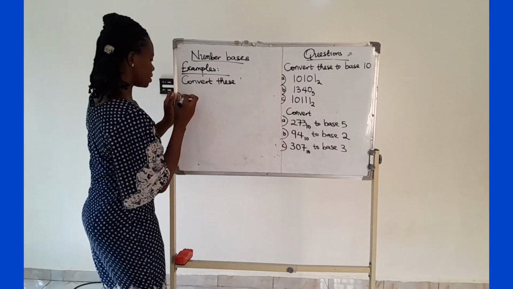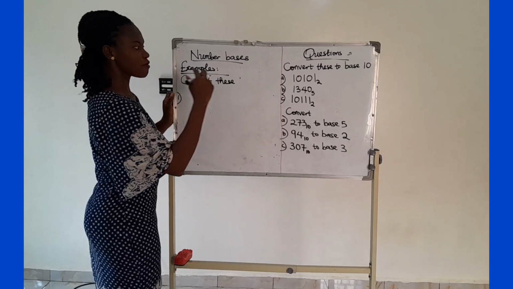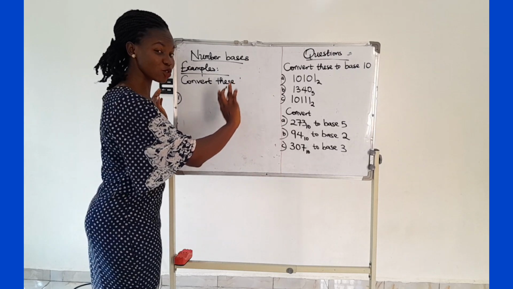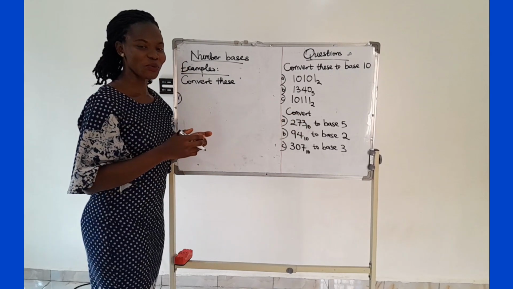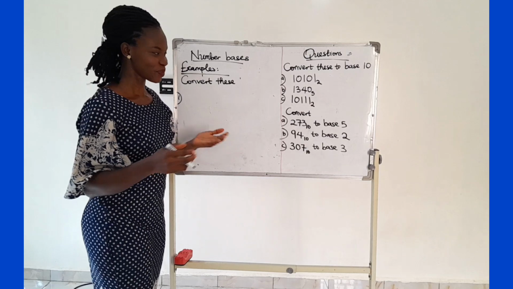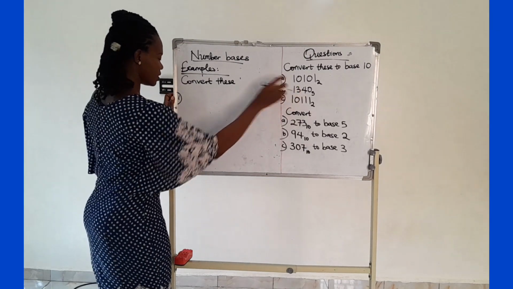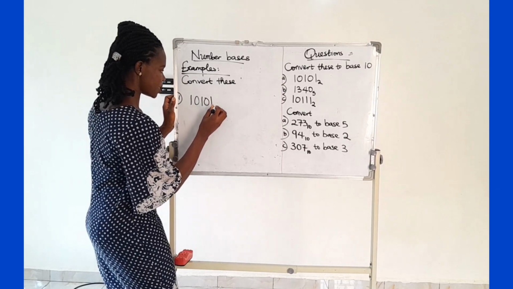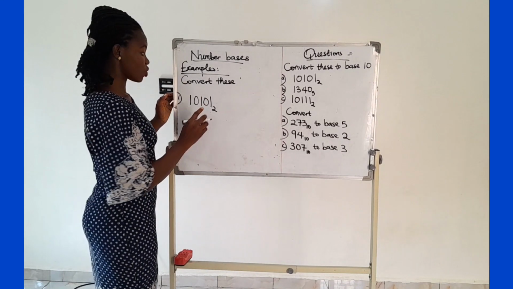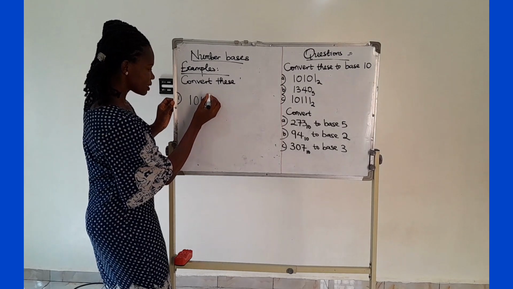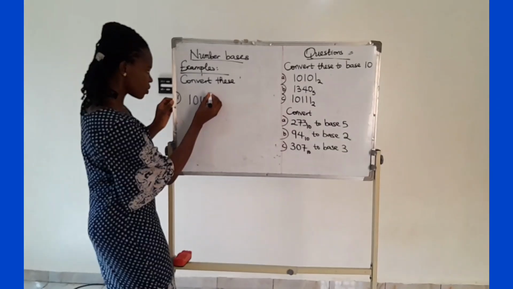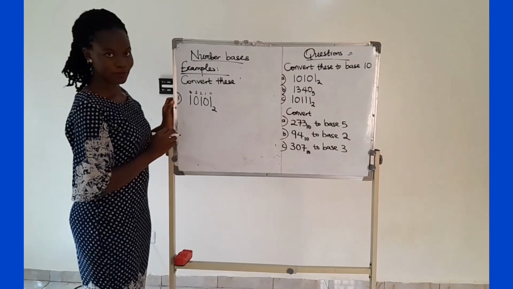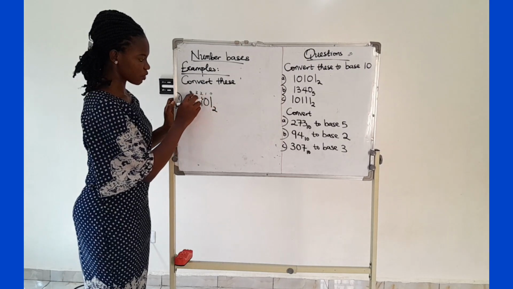Okay, so I start with this. Whenever you are converting any base that is not base 10 to base 10, we normally use what we call the expansion method. This is how it goes. This is 1, 0, 1, 0, 1 in base 2. I'm moving it to base 10, so I will place numbers from the right, 0, 1, 2, 3, 4.